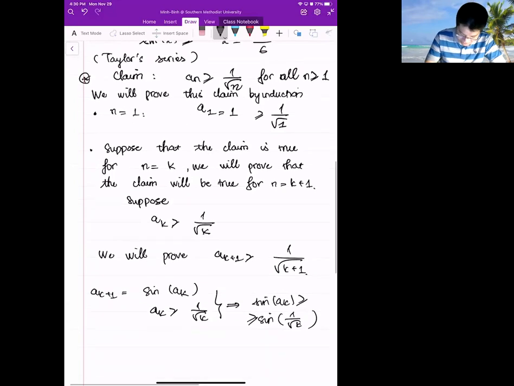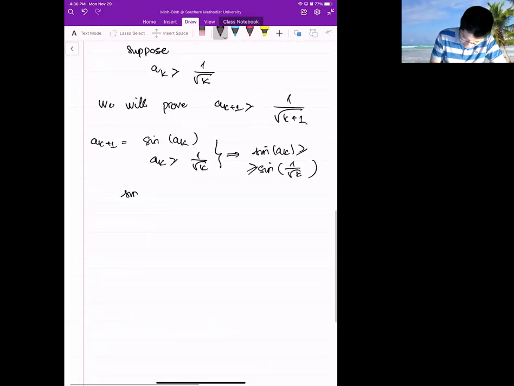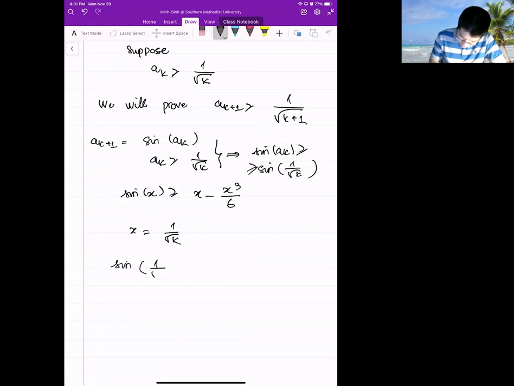We know that sine of x is bigger than x minus x cubed over 6. In this case, x will be 1 over square root of k. Then I have sine of 1 over square root of k is bigger than 1 over square root of k minus (1 over square root of k) to the power 3 over 6.